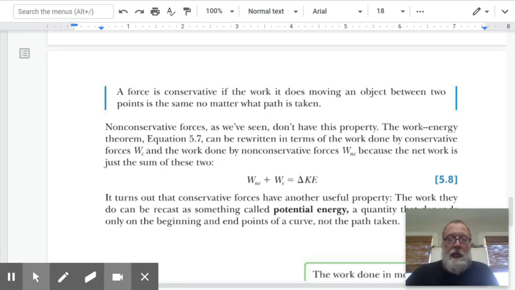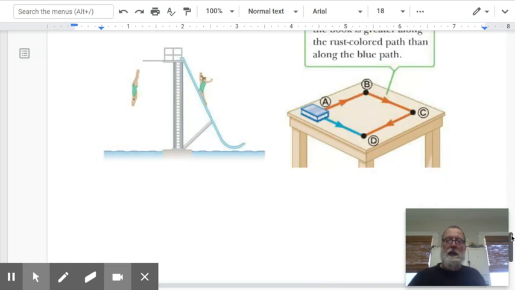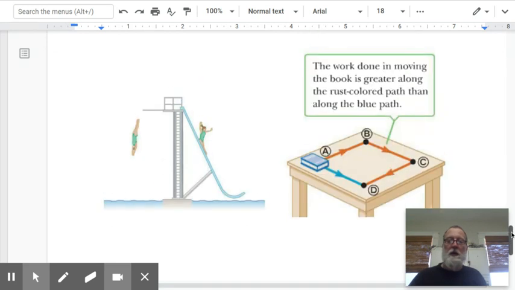So the definition we have here of conservative and non-conservative: a force is conservative if the work it does moving an object between 2 points is the same no matter what path is taken. So if we're talking about lifting an object and falling an object, for example, down here I have a picture of someone going up a high dive or going down a water slide.